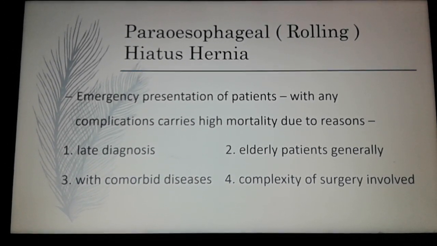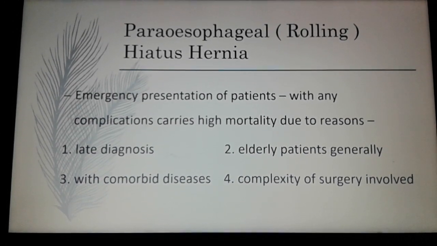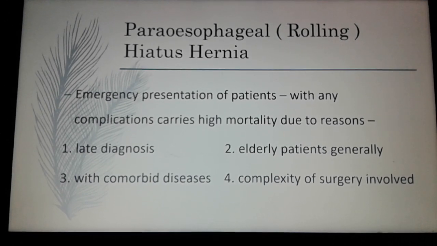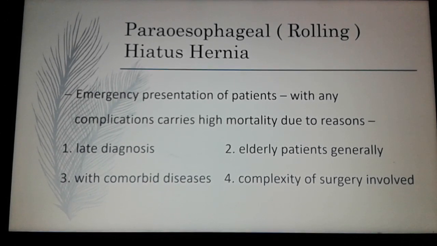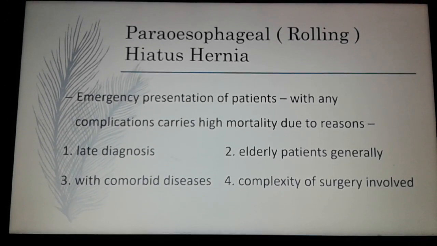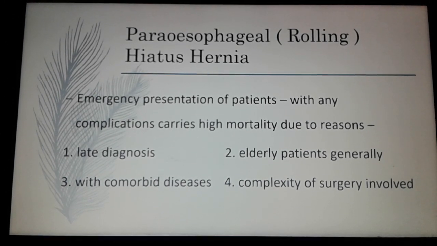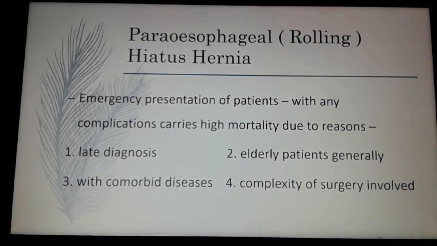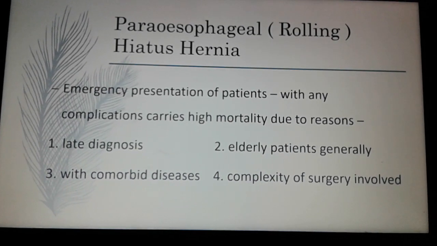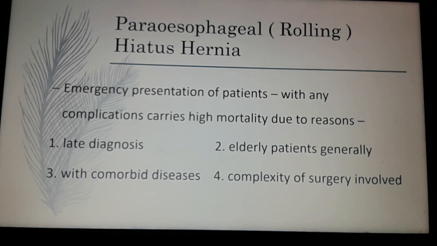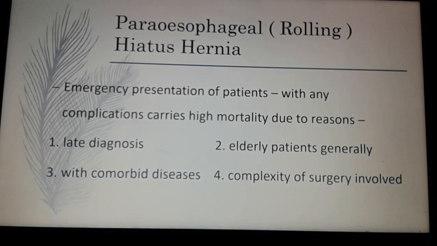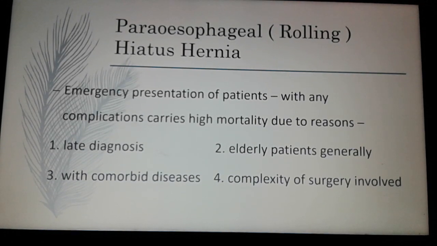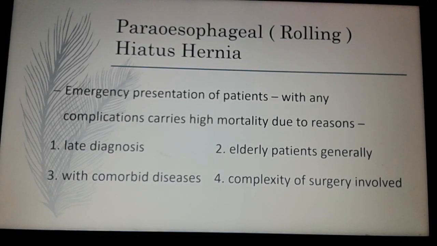The second reason could be, usually these types of cases present in the elderly age group, and elderly patients generally do not tolerate the surgery adequately. So yes, mortality could be towards the higher side in this age group when compared to an adult. And these types of patients may also have some comorbid conditions like hypertension, diabetes.